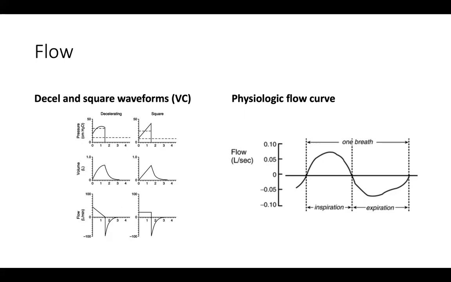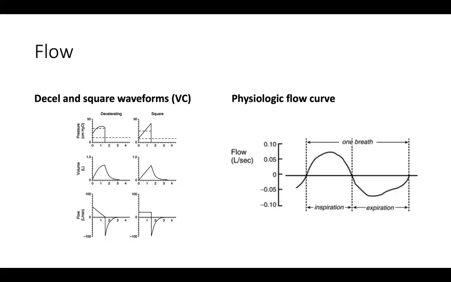That is not super physiologic. You can see I've included a curve on the right-hand side, which shows how flow looks in a patient taking a normal breath, which is much more sinusoidal. So you are just kind of shoving air into the patient's lungs the whole time. Newer machines have tried to develop a more physiologic way to flow the air in.